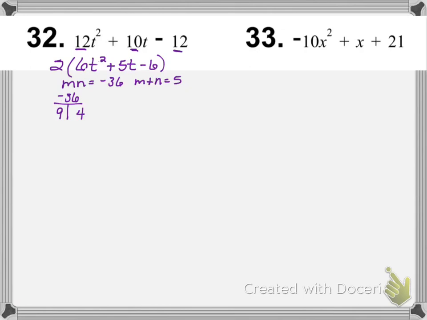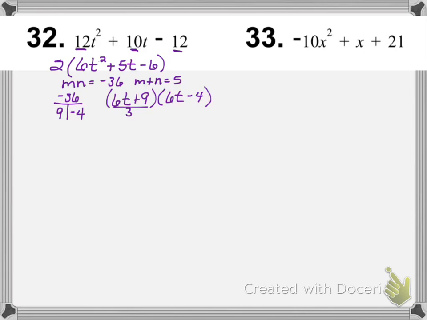Since my magic numbers added is a positive number, which is 5, that means that the largest number has to be positive, so the 4 becomes negative. So we go ahead and go 6t plus 9, 6t minus 4, and it looks like we can reduce both of these.